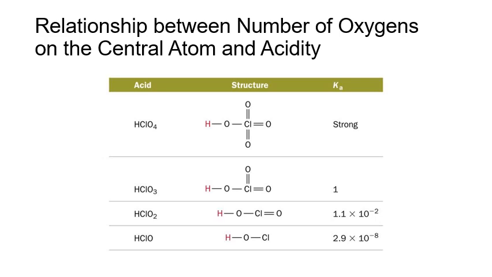This happens with the number of oxygens as well. So as we add more and more oxygens, that is going to become more polar and pull the electrons away from the hydrogen, making it easier for that hydrogen to dissociate. So typically, the more oxygens that are included in our acid, the stronger it is.